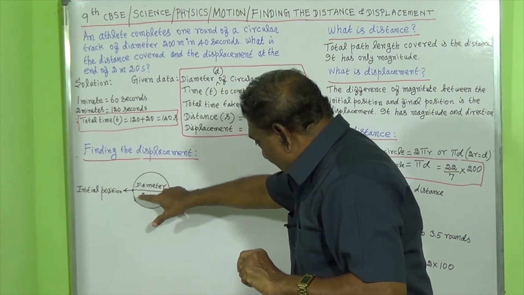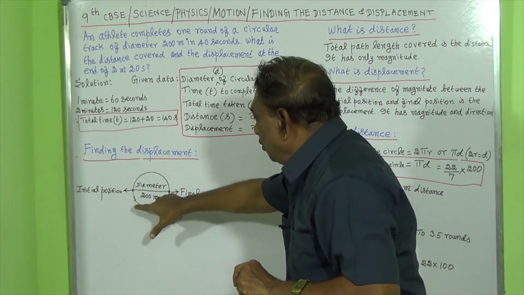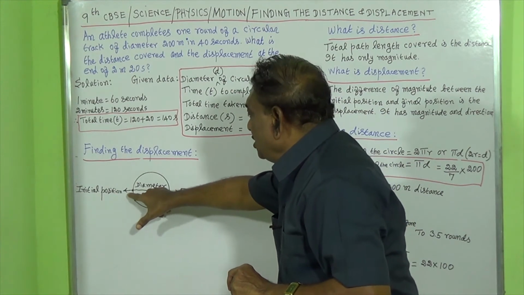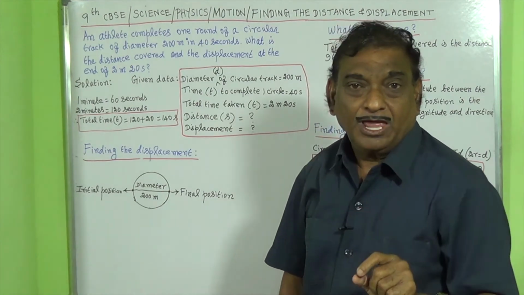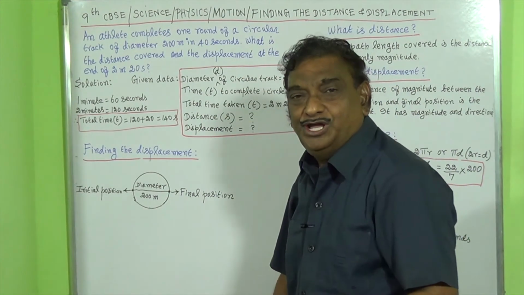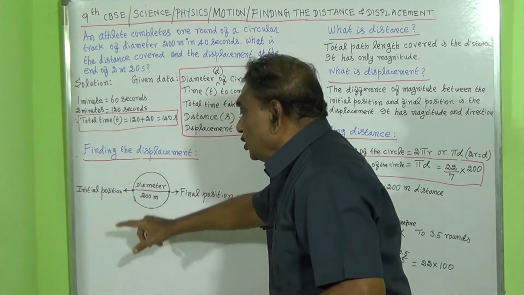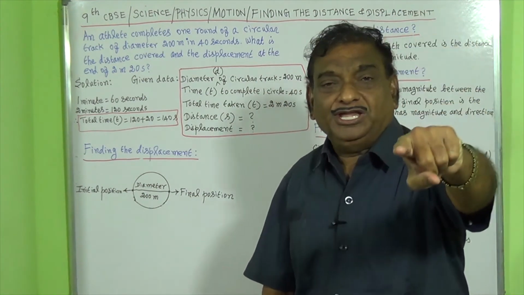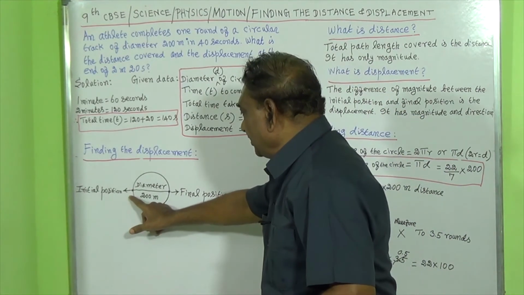Then when he completes the second round, also he will be in the initial position, so that the displacement will be 0. On completing the third round, he will be again in the initial position, so that after completing the 3 rounds, the displacement is 0.